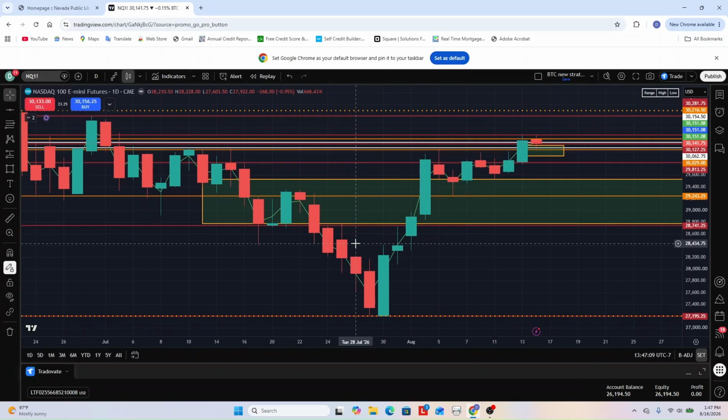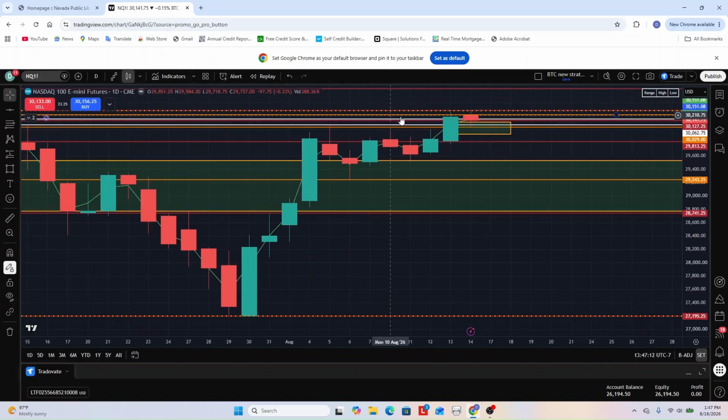So for the daily, it moved 30,000, 30. So for just Friday alone, it moved about 300 points. I mean, 300 points, dollars, whatever the case may be.